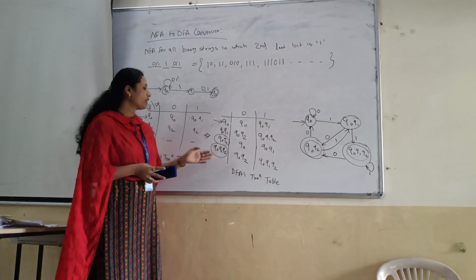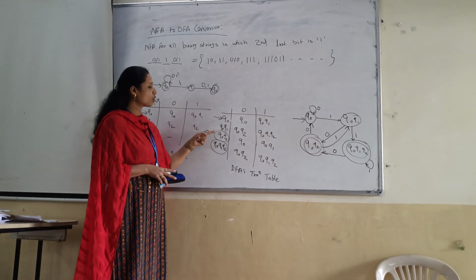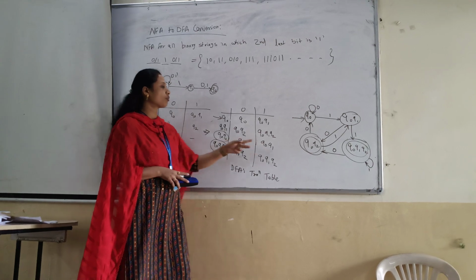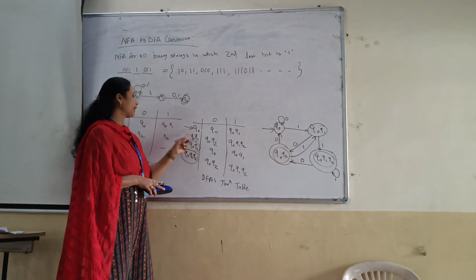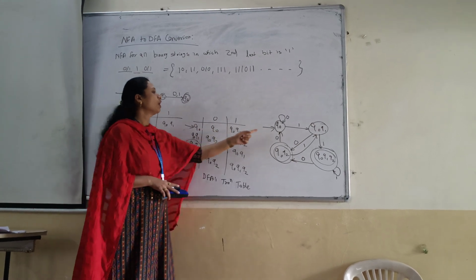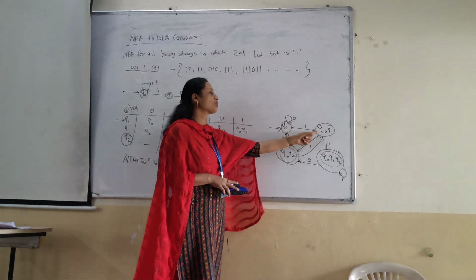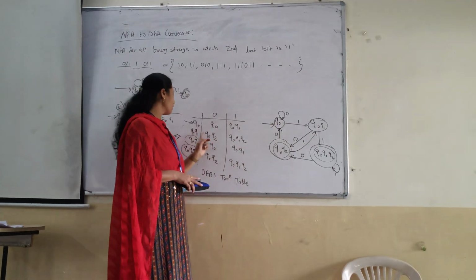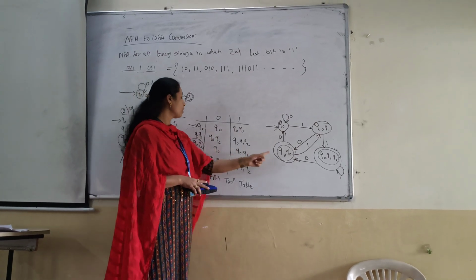So here now draw the diagram. List down Q0, Q0 Q1, Q0 Q2, Q0 Q1 Q2. So we have 4 states and draw accordingly. Like Q0 on 0 moves to Q0 itself. Q0 on 1 moves to Q0, Q1. Afterwards, Q0, Q1 on 0 goes to Q0, Q2.